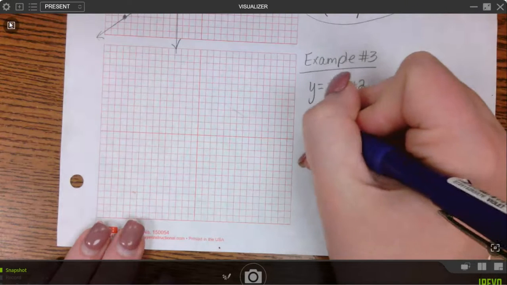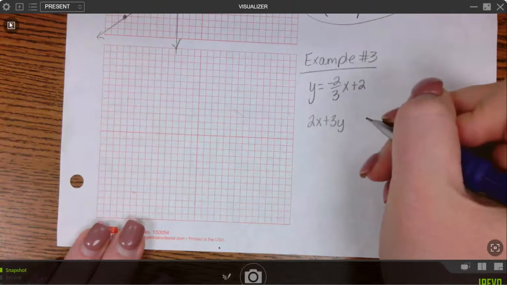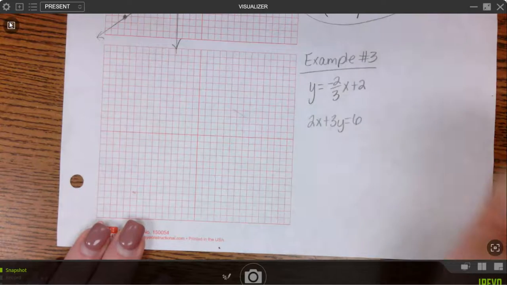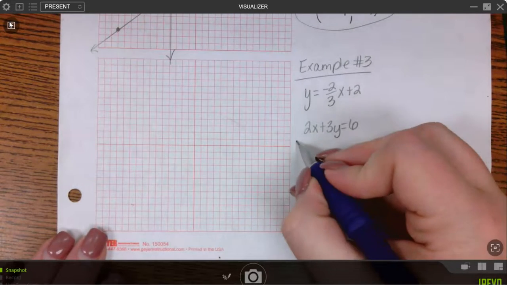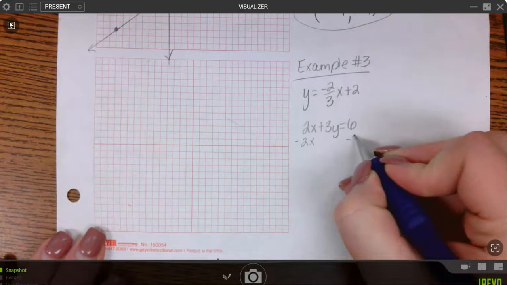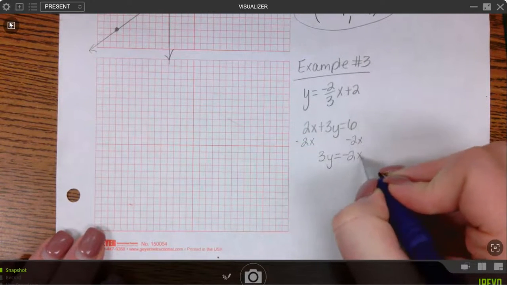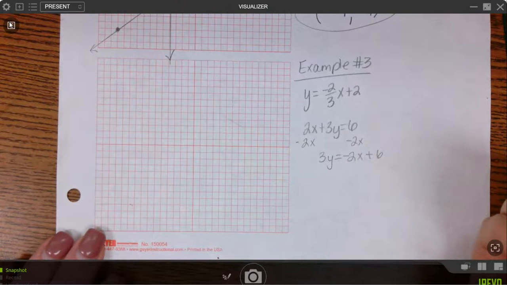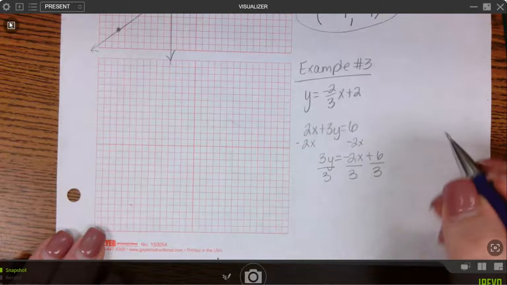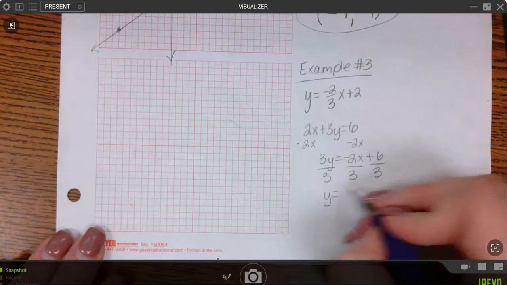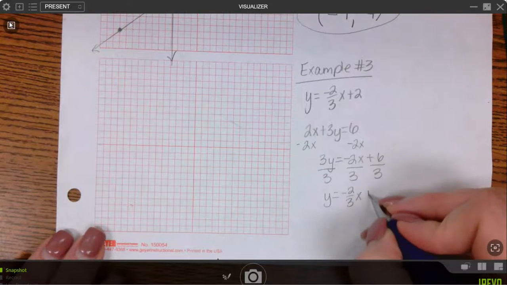And then the second equation says 2x plus 3y equals 6. Okay, so we have to solve the second equation for y. So we're going to subtract 2x, and you get 3y equals negative 2x plus 6, and then divide by 3. So you get y equals negative 2/3 x, and then 6 divided by 3 is 2.